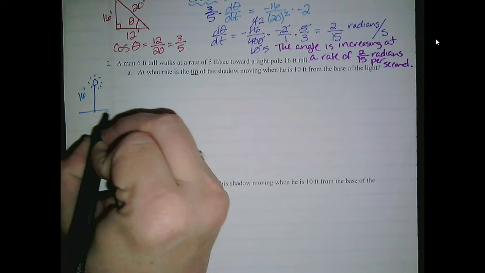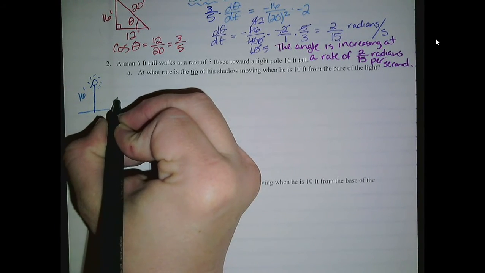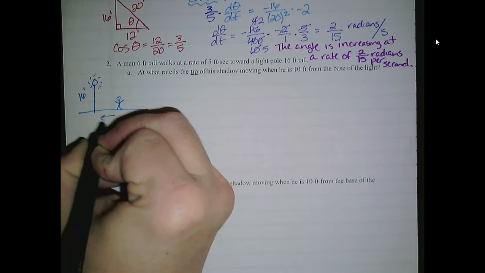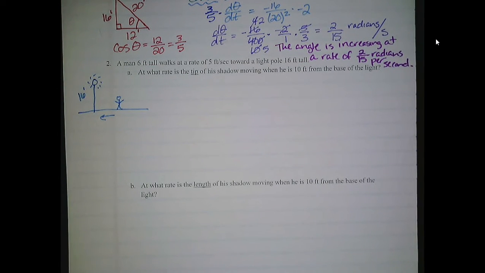And then I have a man who is 6 feet tall, and he is walking towards that light pole at a rate of 5 feet per second. I'm wanting to know what is the rate at which the tip of his shadow is moving, and what is the rate at which the length of his shadow is changing.